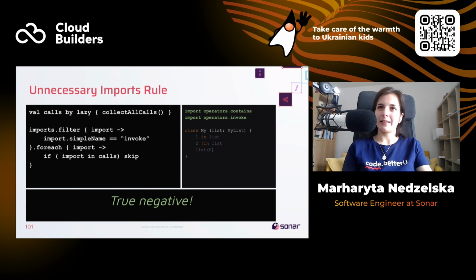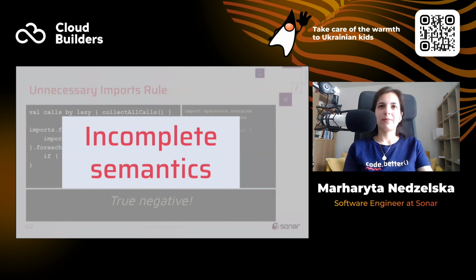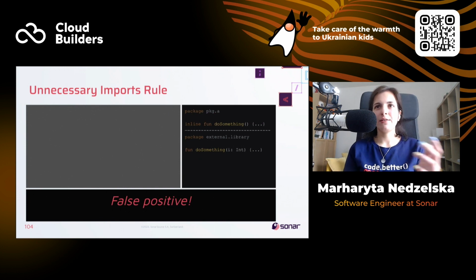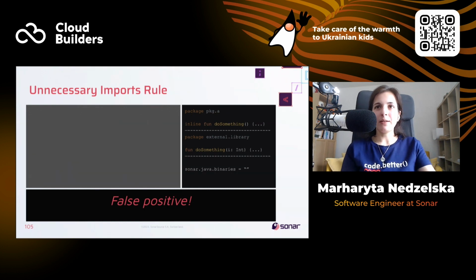We thought that that's it. We finally had an idea on the unnecessary imports rule, but no. Another report came in with incomplete semantics. There are some cases when you have two functions, for example, in different packages, maybe in different libraries. One is in your class path, in your actually built classes. Another one is in some external library. And for example, some people try to tune properties for some reason, and put, for example, the Sonar Java binaries property as empty.